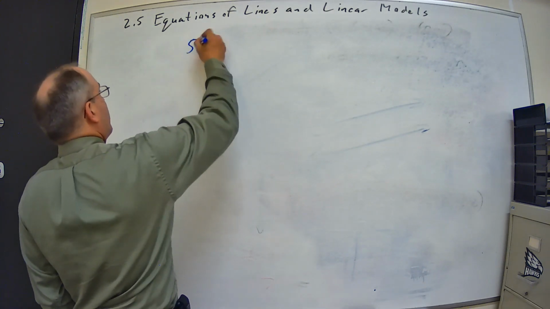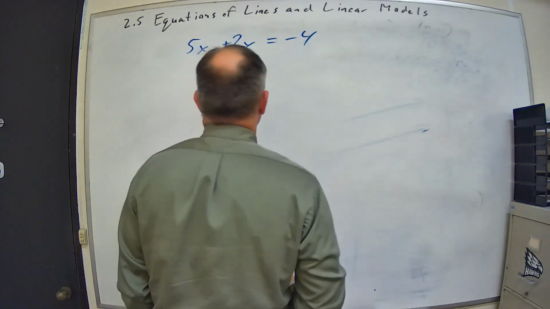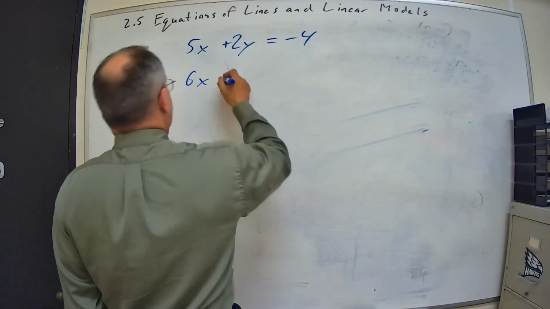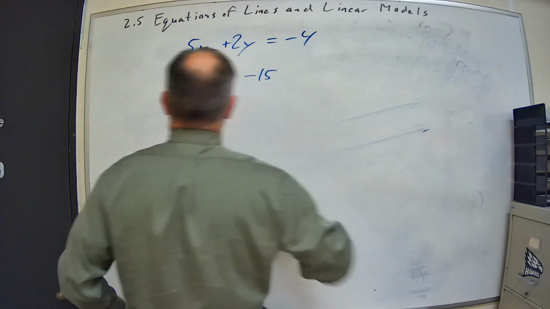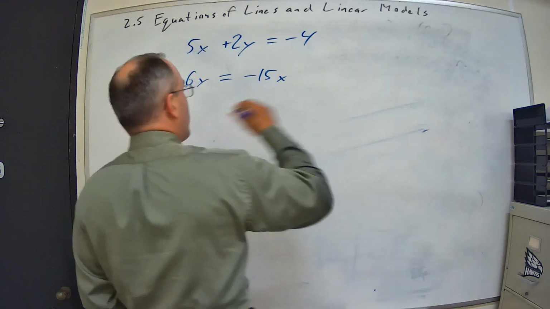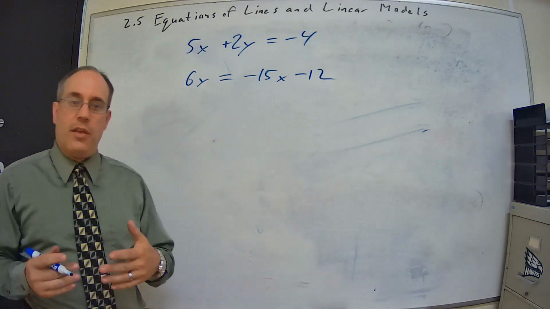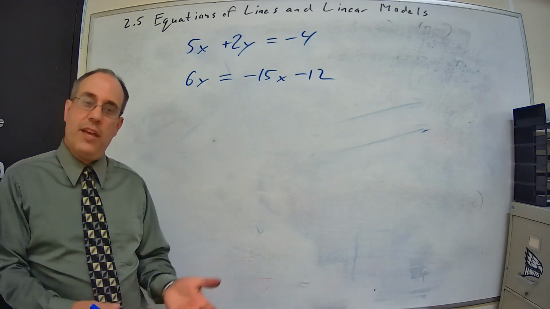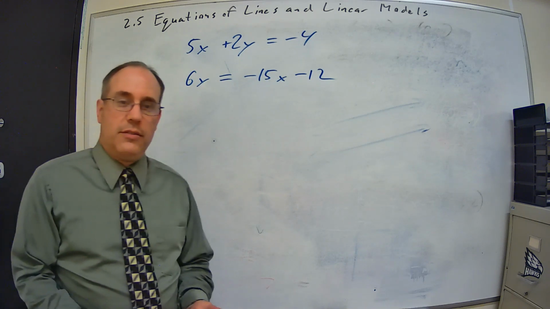If I have 5x plus 2y is equal to negative 4, and I have 6y is equal to negative 15x minus 12, I want to determine, do these intersect or are they parallel? If they intersect, are they perpendicular?